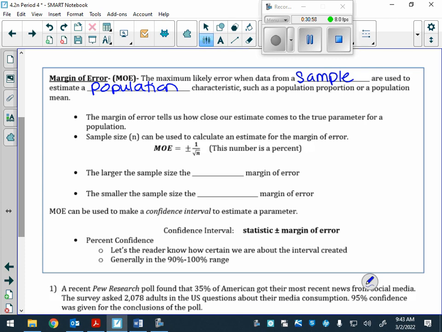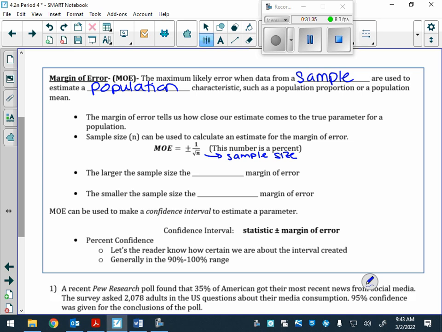We always write it as a percent, and it's always plus or minus because you have an interval. Pretty much like standard deviation, one above, one below. To find that, it's 1 over the square root of n, where n is your sample size.